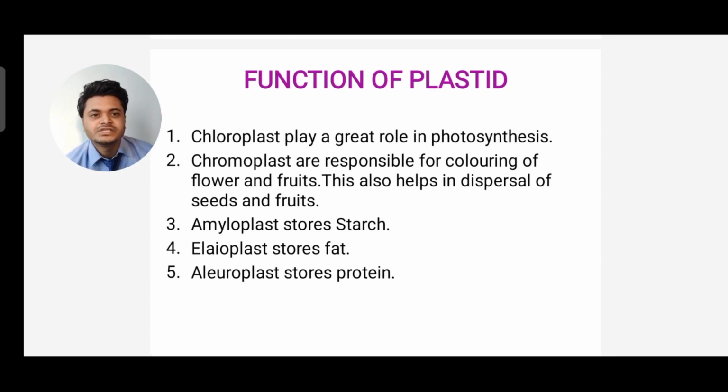Next, chromoplast is responsible for coloring the flowers and fruits, which also helps in dispersal of seeds and fruits. Next, amyloplast stores starch, elaioplast stores fat, and aleuroplast stores protein. So these are the different functions of chloroplast, chromoplast, amyloplast, elaioplast, and aleuroplast.